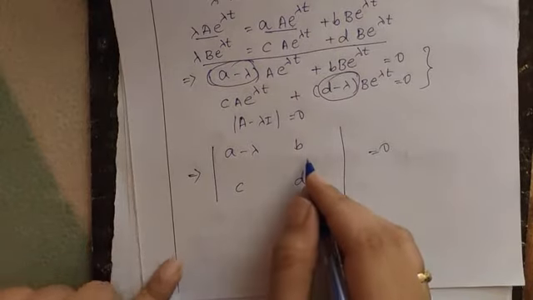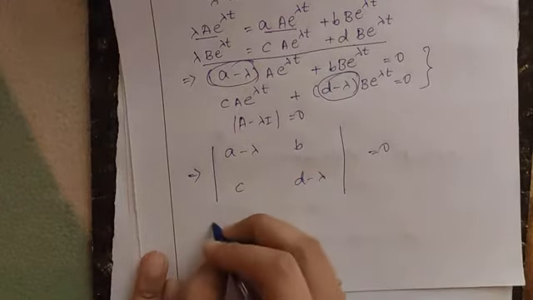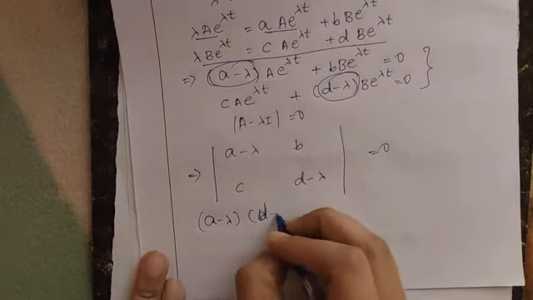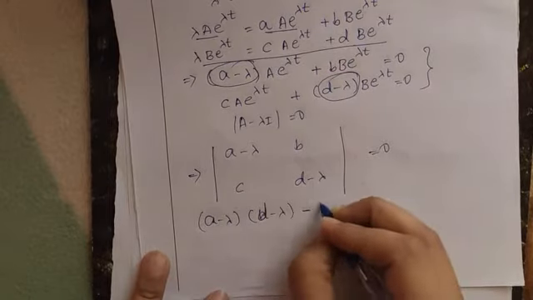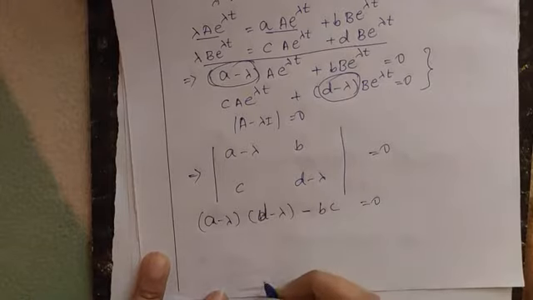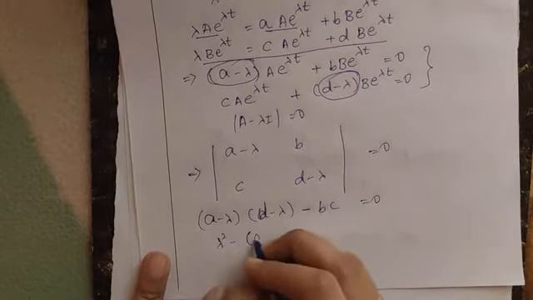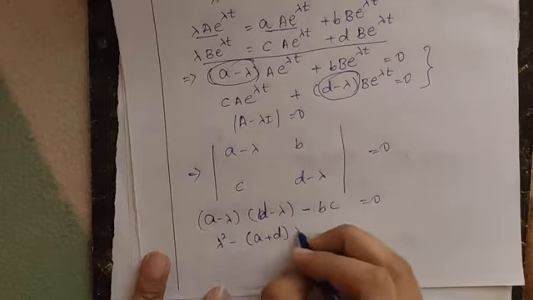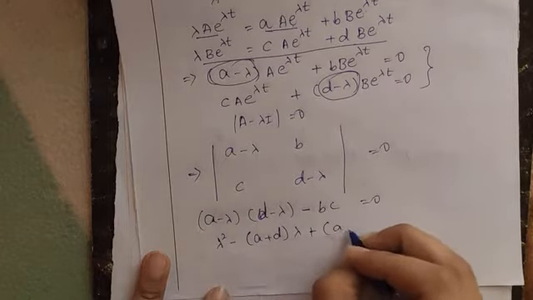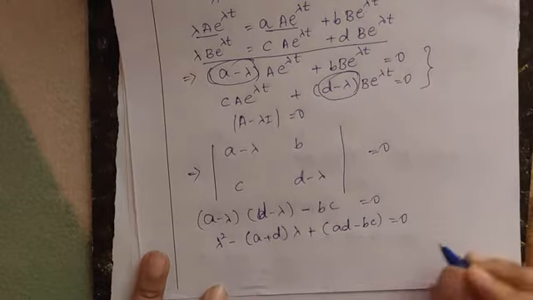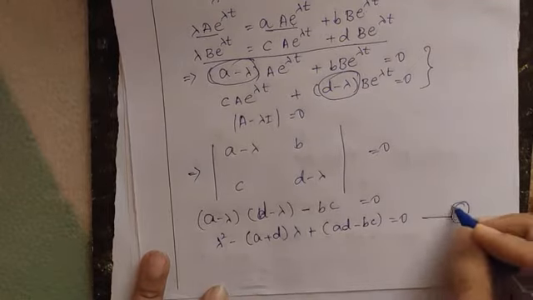Write this as a characteristic polynomial, that is a minus lambda into d minus lambda minus bc is equal to 0. If you solve this, you will get lambda square minus a plus d into lambda plus ad minus bc is equal to 0. Call this equation number 4.